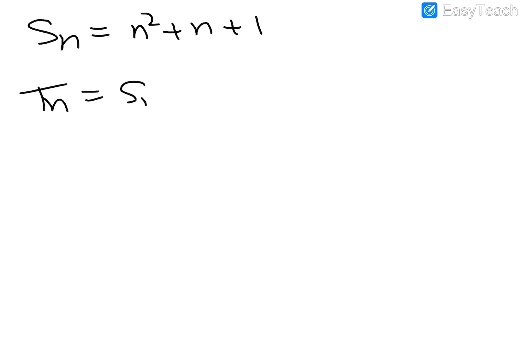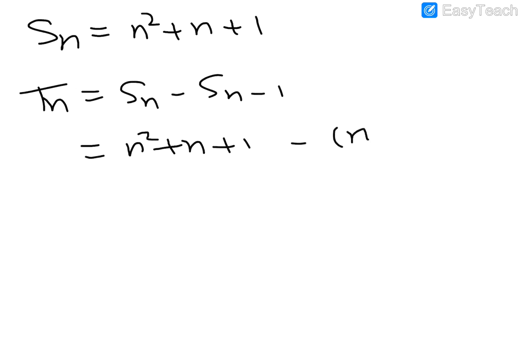Let's say Sn is n square plus n plus 1. Now find Tn. Now Tn will be this Sn minus Sn-1. So it will be n square plus n plus 1 minus of (n minus 1) square plus n minus 1 plus 1.